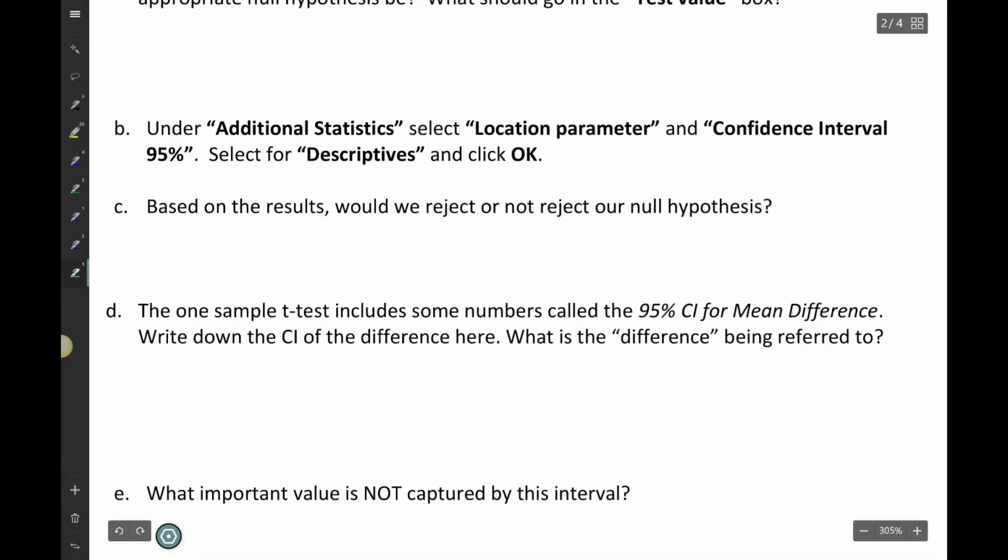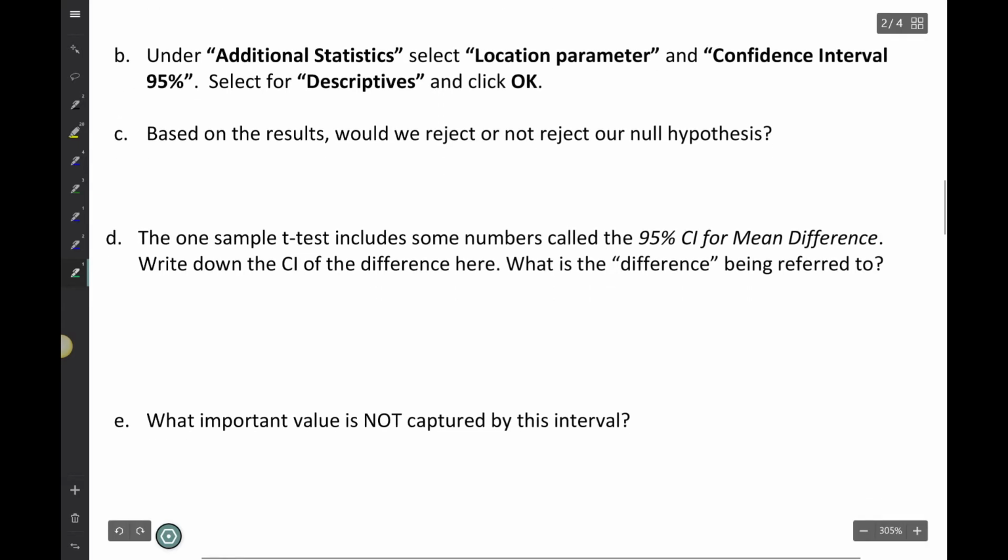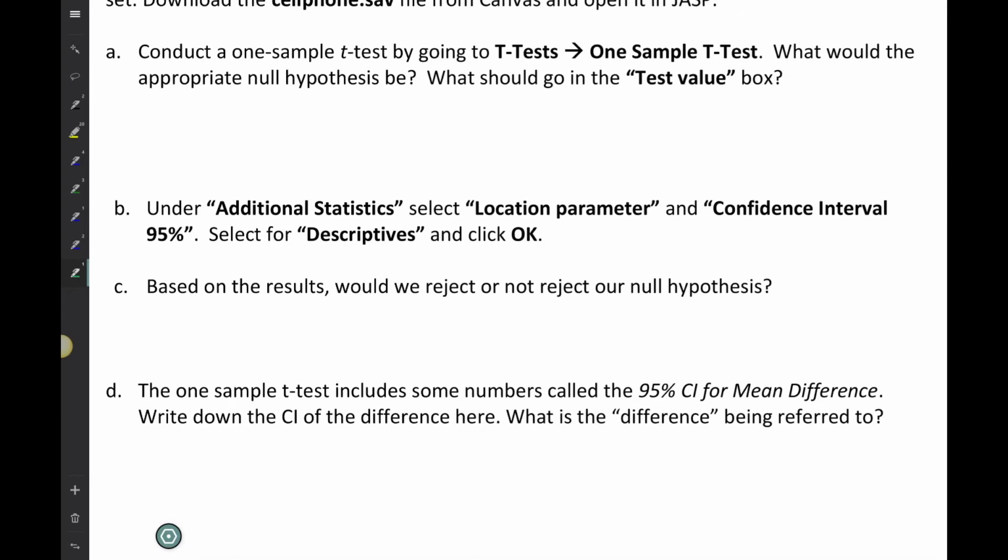Before we move on to that, I'm looking back at the classwork here. Based on these results, let's take a moment and consider, would we reject or not reject the null hypothesis? So in this case, let's just clarify that our null hypothesis would be that the mean of all of the download speeds for this whole population is equal to 12, because that's what the company claimed it was.